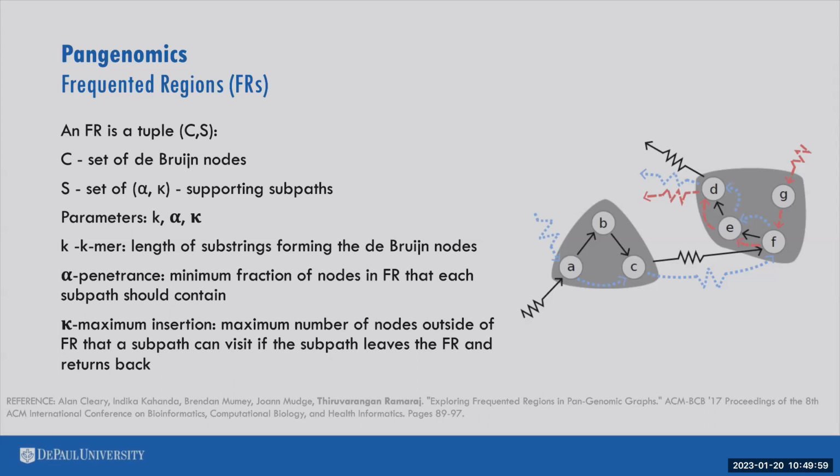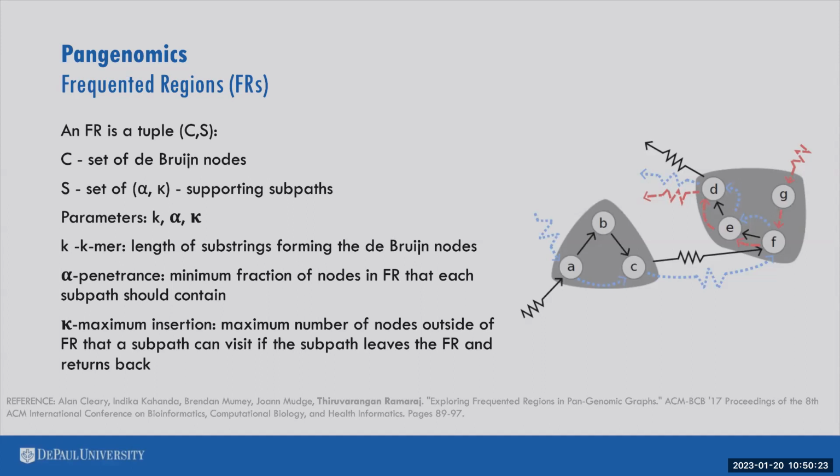So you can adjust that depending on how similar or close enough you want your nodes to be. And then the kappa here basically, say if you have 3 nodes that you want to group that belong in a frequented region, and say one has insertion, right?